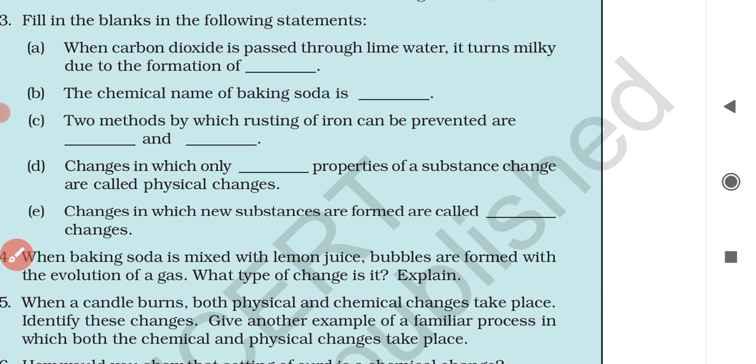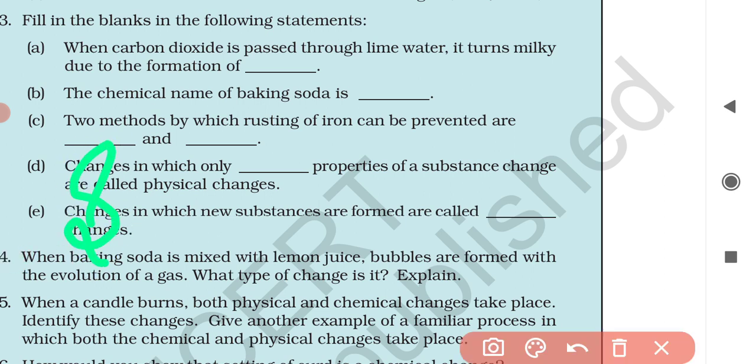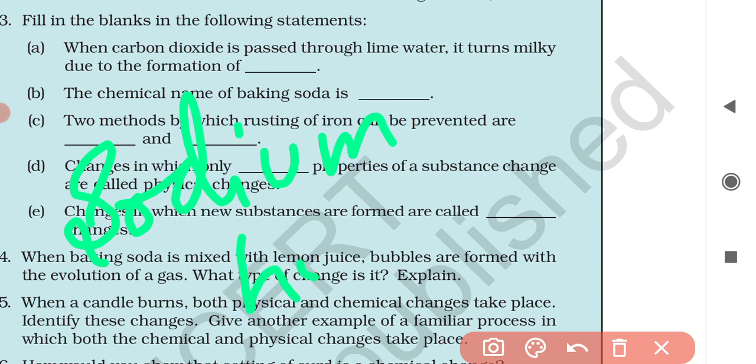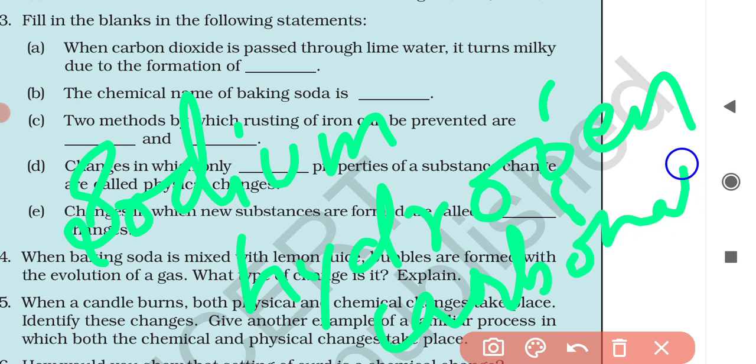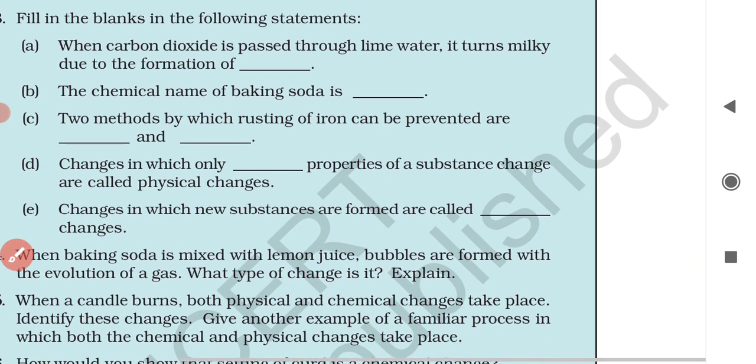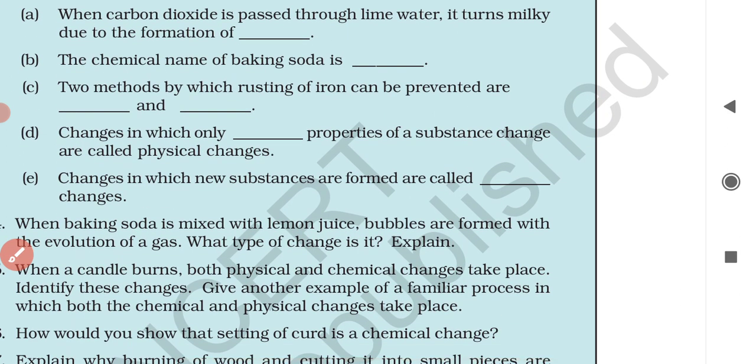The chemical name of baking soda is sodium hydrogen carbonate. The chemical name of baking soda is what? Sodium hydrogen carbonate. You have to write. Clear? Two methods by which rusting of iron can be prevented are dash and dash.